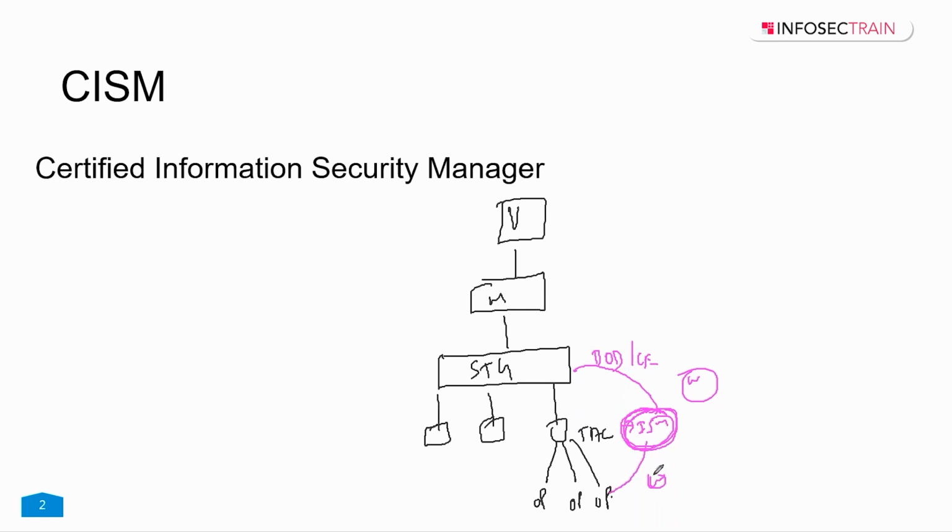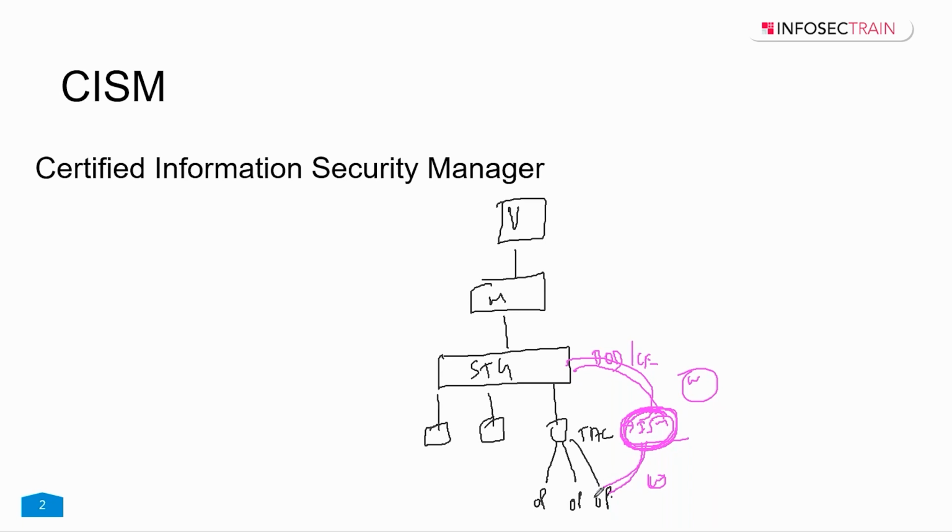Is the first point clear? I repeat again: the information security manager acts as a subject matter expert for the board on what is security, because at the end of the day, who approves the budget? The board. Good. And for the operation team, on what is business.